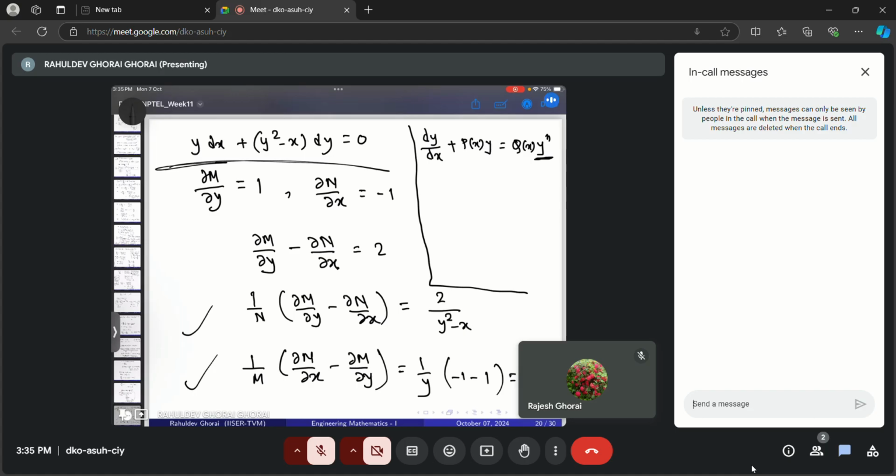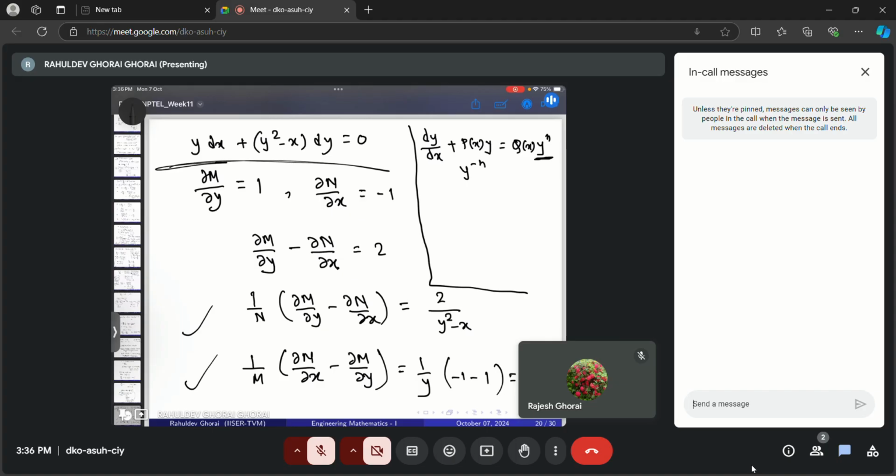For getting the integrating factor, first of all you have to multiply by 1 over y to the power n, means y to the power minus n.